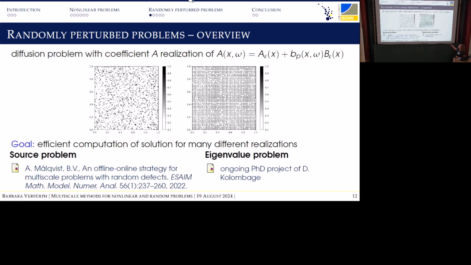We have some deterministic coefficient and some other deterministic coefficient that is switched on and off in some sort of random fashion. I will give more details about the assumptions on A, B and BP in a moment.